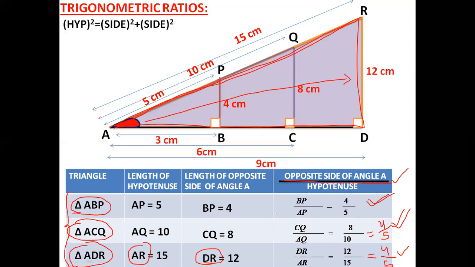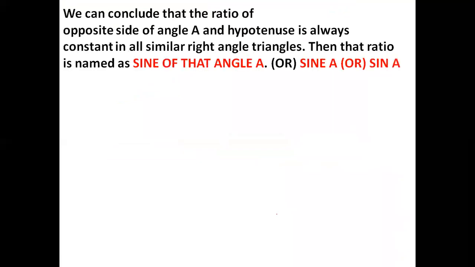That constant is named as sine of that angle A. So in the next slide, we can conclude that the ratio of the opposite side of angle A and hypotenuse is always a constant in all similar right angle triangles.